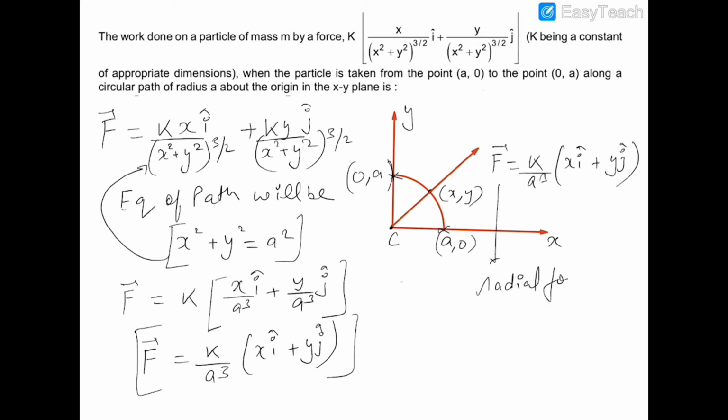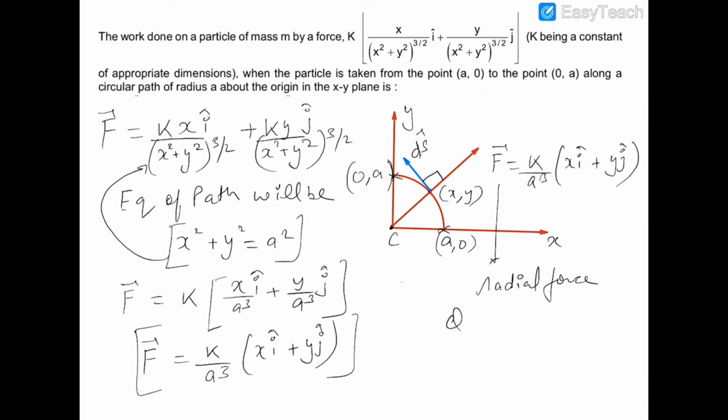Radial force is a force which is acting from the center along the radius, in the direction of the radius, and the displacement of this object is along the circle. So at any point of the circle, the displacement and force will be perpendicular to each other, because displacement is tangential and force is radial.